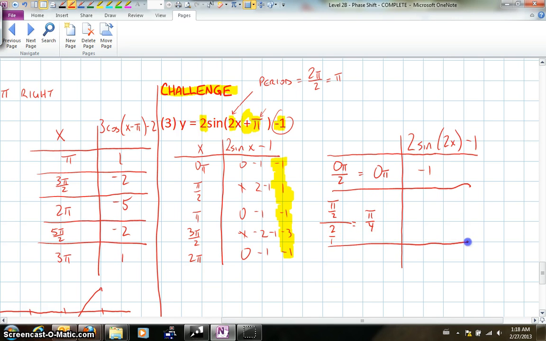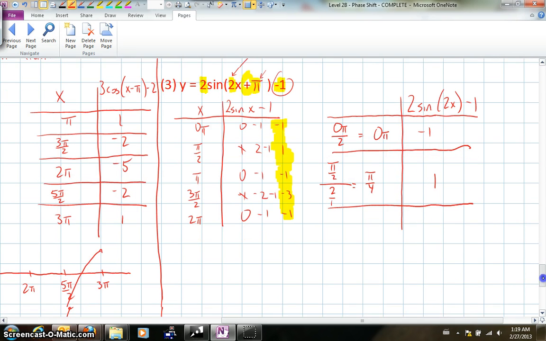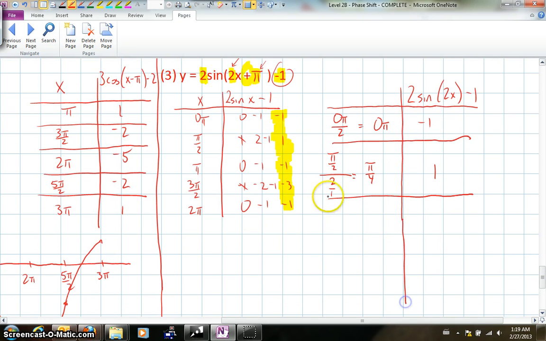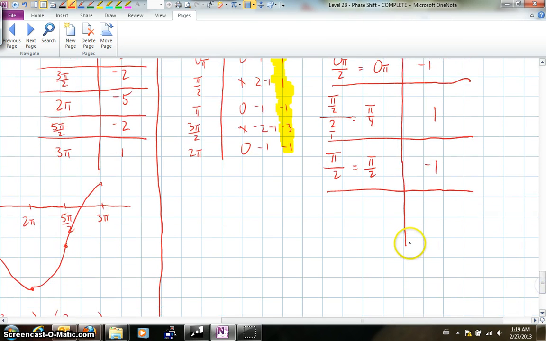And so that's got a y coordinate of 1. Then we've got just pi divided by 2, and so our x becomes pi over 2, and that's got a y of -1. That's a lot of work on this one, but we'll feel better because we did it.